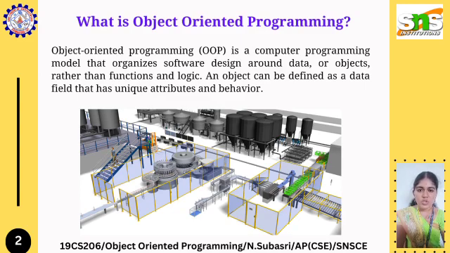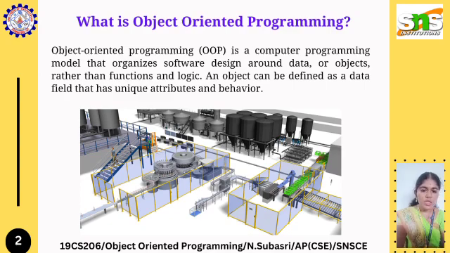Same as human beings who have their name, address and unique identity. If it is a student, he will have his ID number, or if it is faculty, they will have their faculty ID. So like this we are splitting our data, and that is said to be your objects.